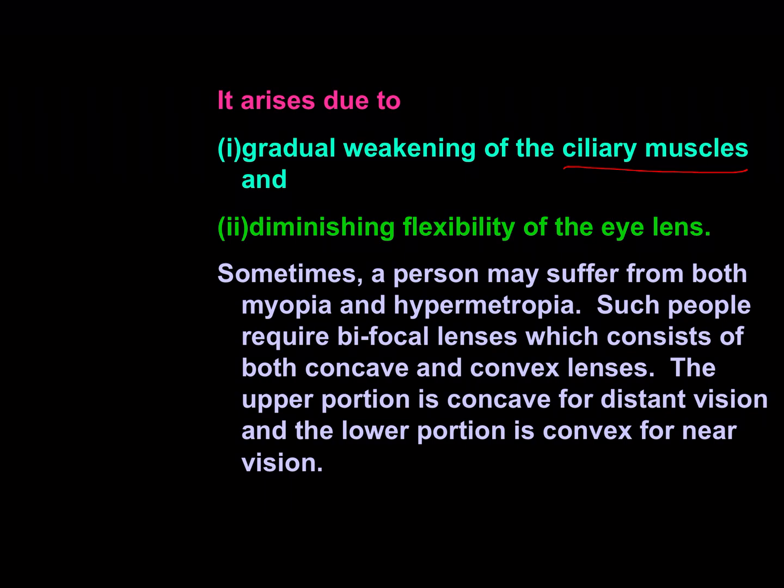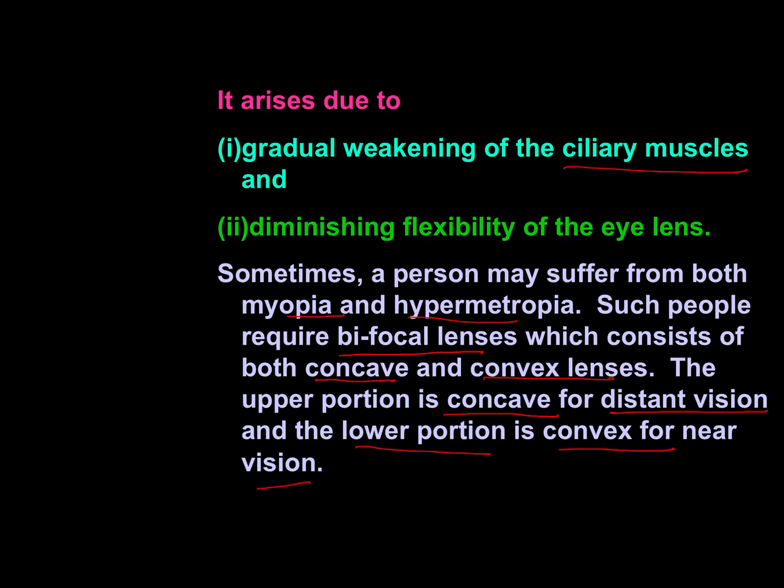Sometimes a person may suffer from both myopia and hypermetropia. Such persons require bifocal lenses. Bifocal lenses have both concave and convex lenses. These lenses are placed in such a way that the upper portion of the optical device is made up of a concave lens for distant vision, and the lower portion is made up of a convex lens for near vision.